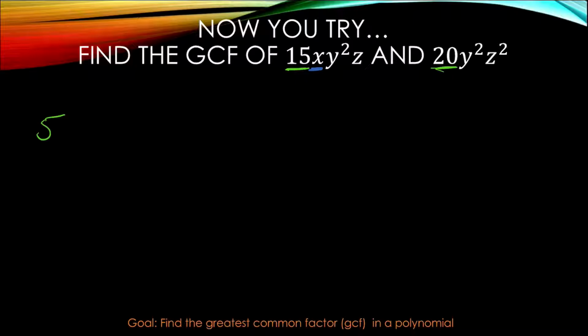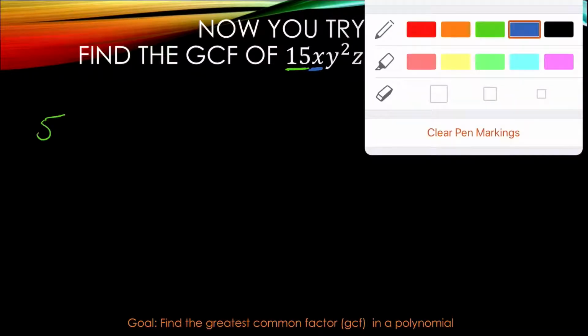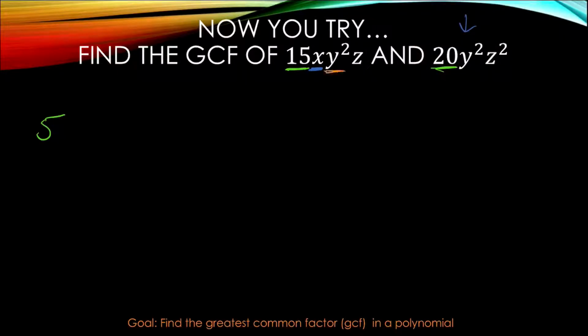Next, I'm going to go to my x. I don't have an x in both terms, so I can't take an x out. Next, I'm going to look at the y's. I have a y squared and a y squared. I can take both of those out, since they are the same, so I'm going to take out a y squared.